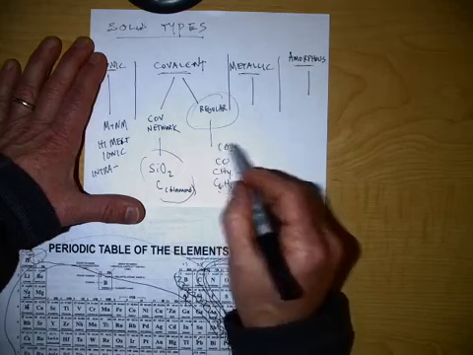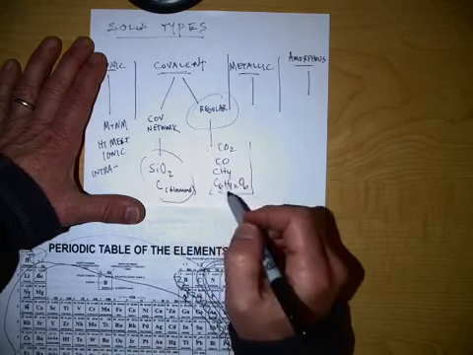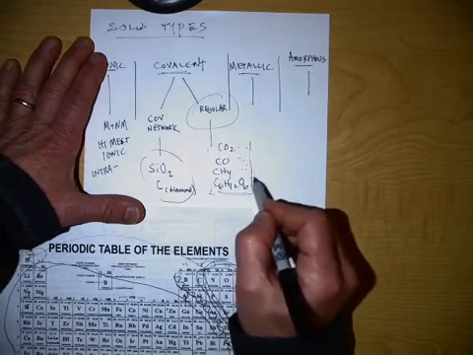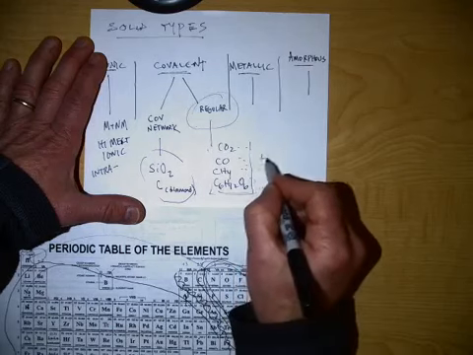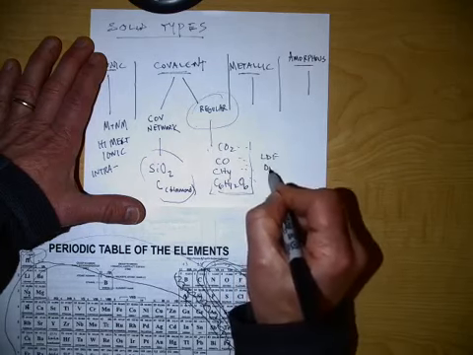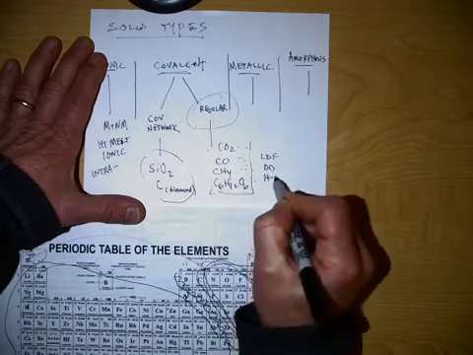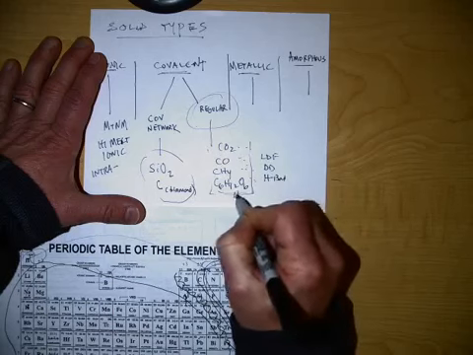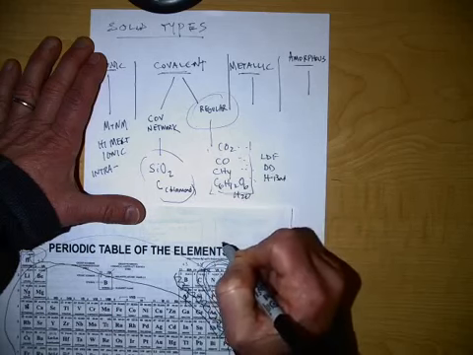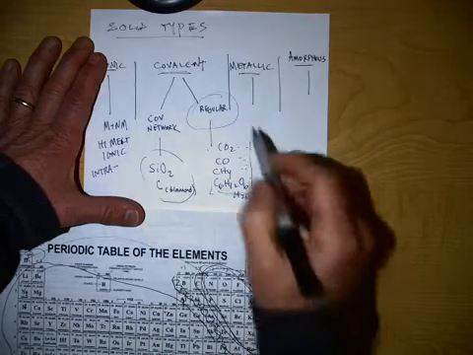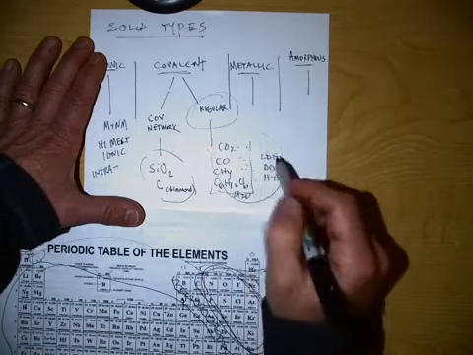Those are all regular covalently bonded things that are held together by the intermolecular forces: London dispersion forces, dipole-dipole forces, maybe even hydrogen bonds. H2O would have hydrogen bonds. That's regular covalently bonded things.